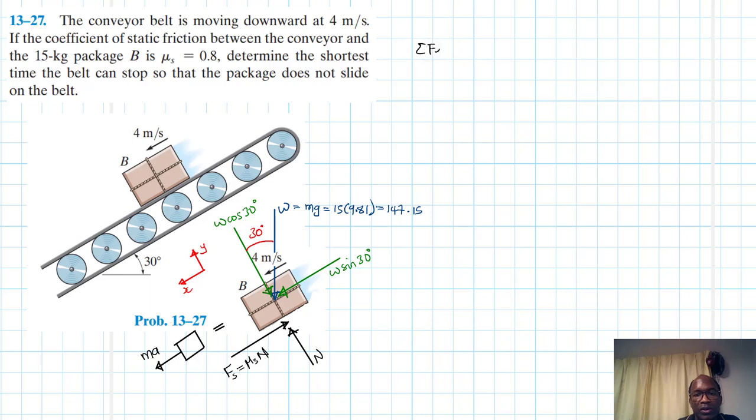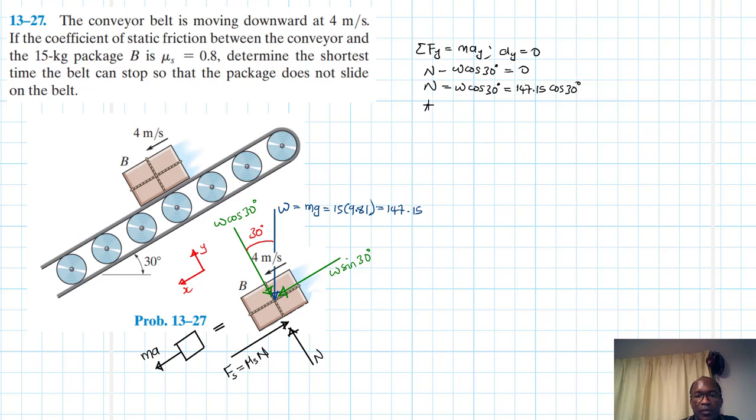Let's start with the y because we'll need our acceleration. So the summation of forces in the y equals m a y, and we know that our a y is equal to 0, and therefore we have N minus W cos 30 equal to 0, and our N is equal to W cos 30, which is 147.15 cos 30.